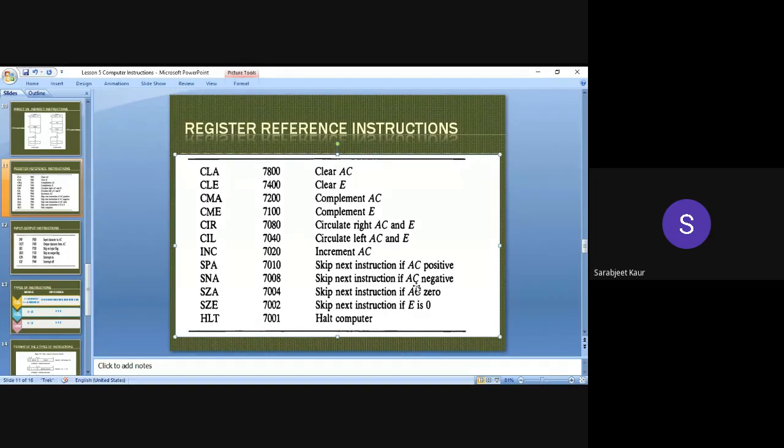The idea is only to present you a broad concept of what we mean by a register reference instruction. At this point, we only need to understand that all these instructions don't require a memory operand. Clear?